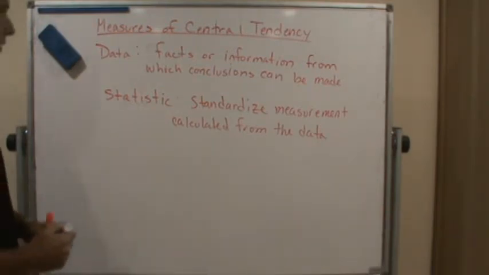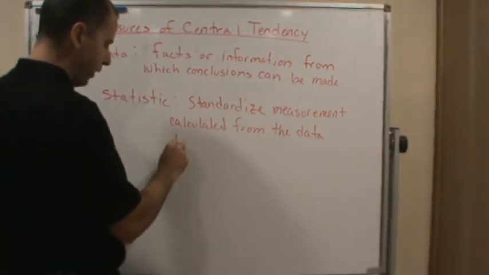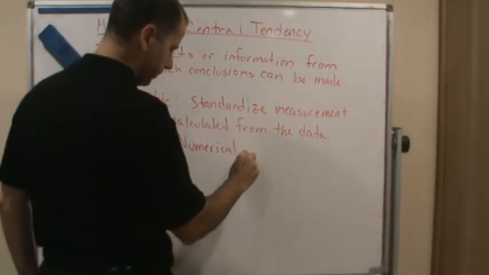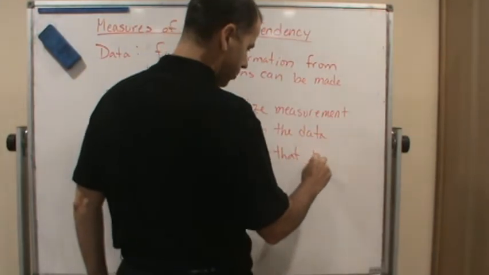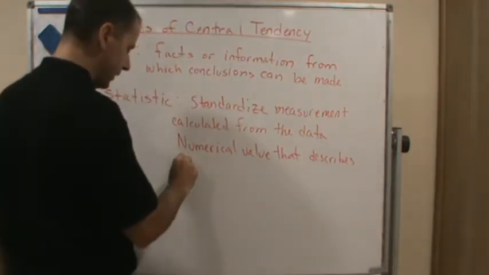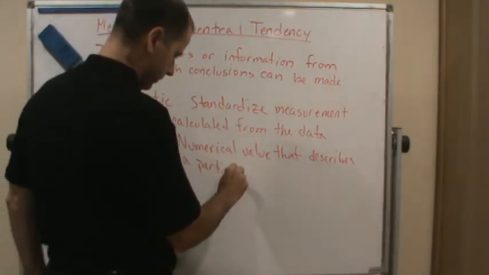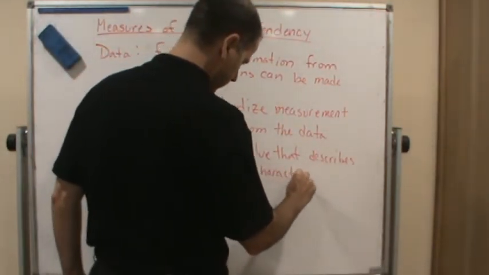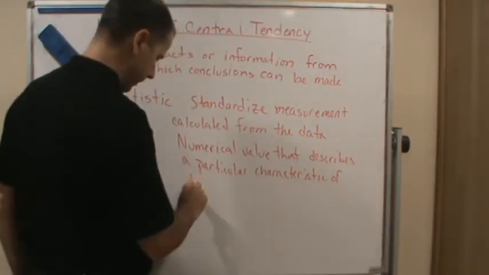In other words, it's a numerical value that describes a particular characteristic of the data.